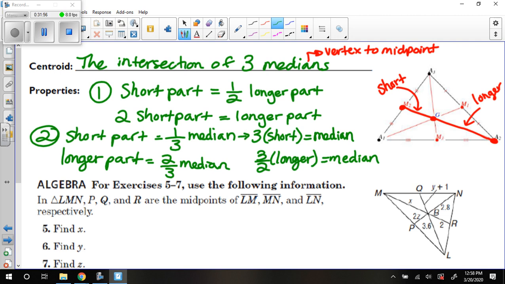These are the same idea, just 2 different ways to write them. So if I focus on how much of the entire median these 2 pieces are, the short piece is 1/3 of the whole median, the longer piece is 2/3 of the whole median.